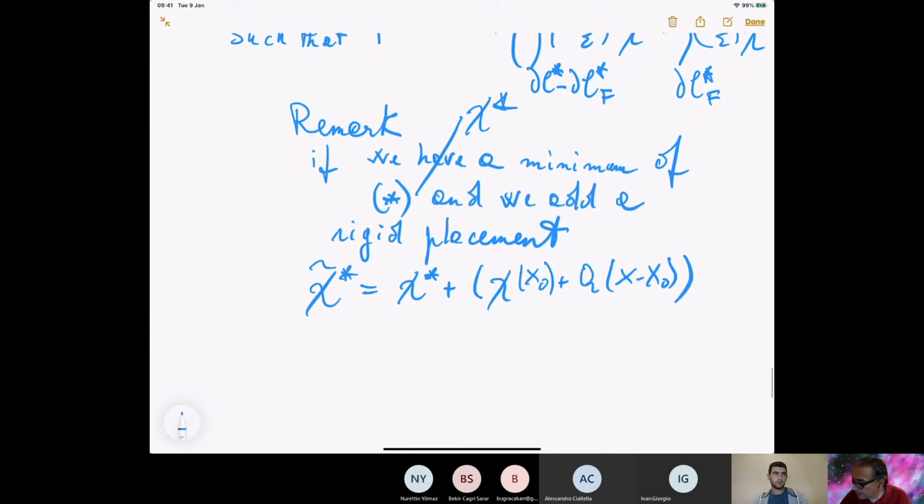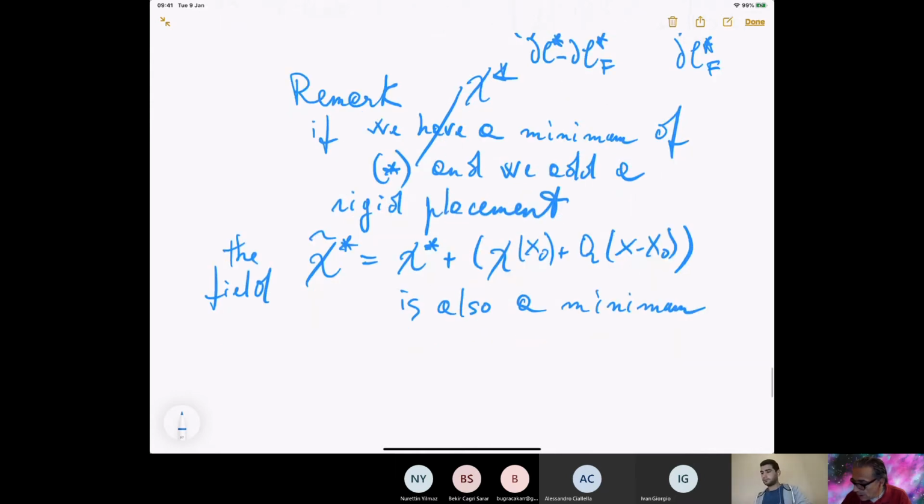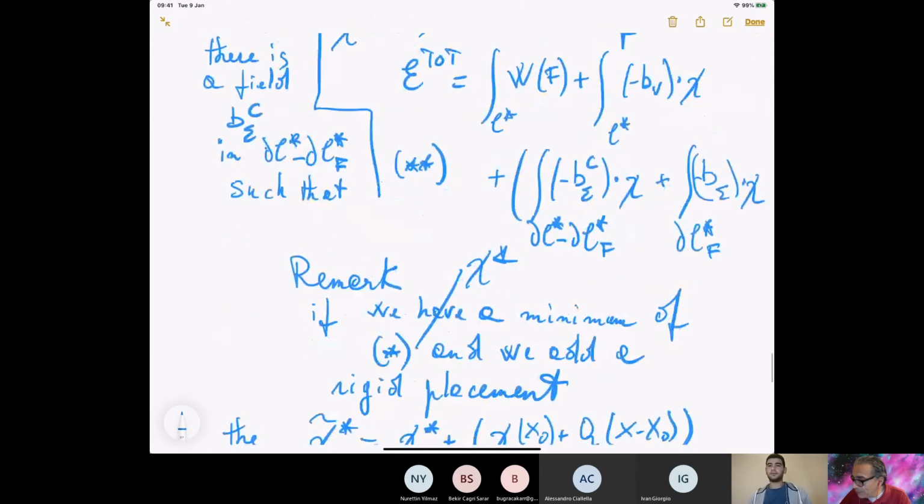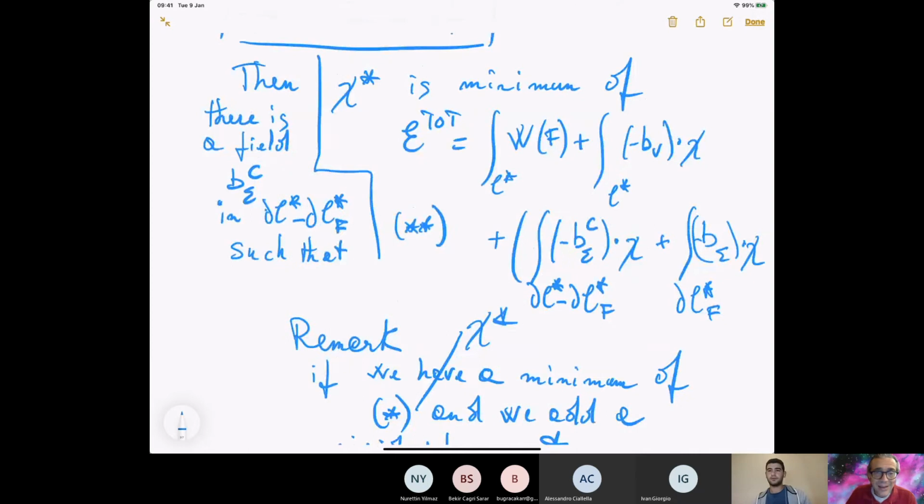This chi tilde star, the field chi tilde star, is also a minimum of double star. So what I'm telling you is that when I relax the displacement conditions, so if I don't block 3 points on the boundary, one equilibrium can be translated and it remains an equilibrium.